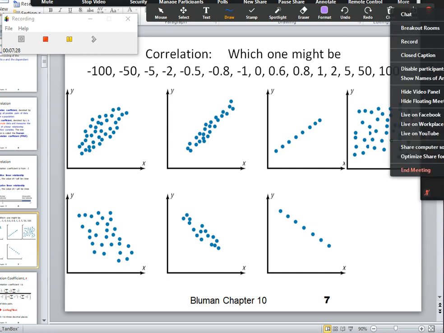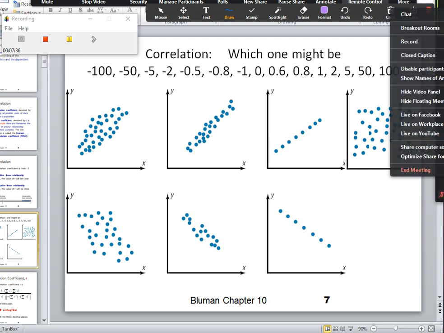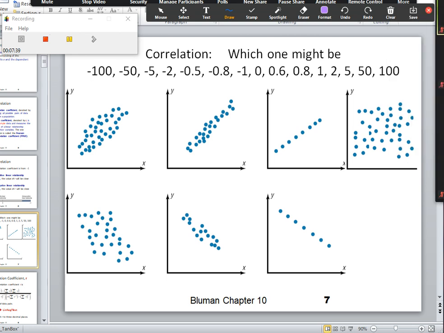All right, so which one of these is 100? Private chat, which one is 100? Which one of these pictures is 100? Do it in the private chat.